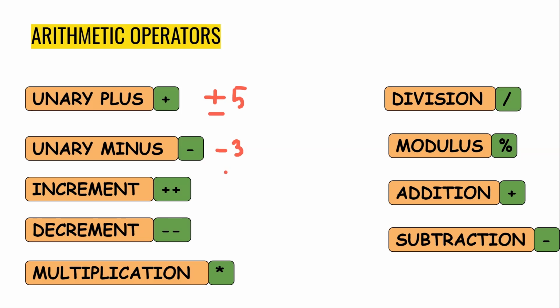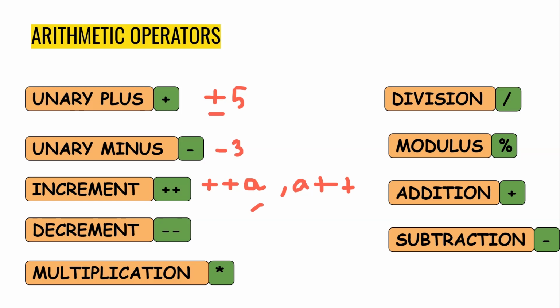Then we have the increment operator. The increment operator is used to increase the value by 1. For any variable, if we use this increment operator, by default the value is incremented by 1. For example, we can write the increment operator as pre-increment plus plus a and post-increment a plus plus, which is equivalent to a equal to a plus 1.